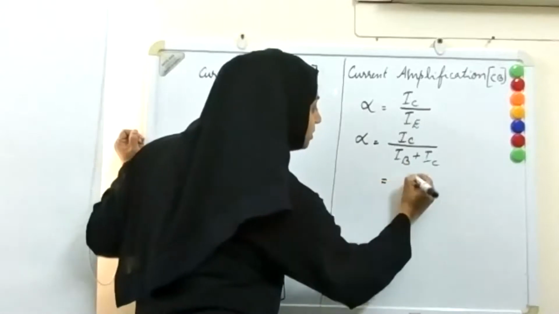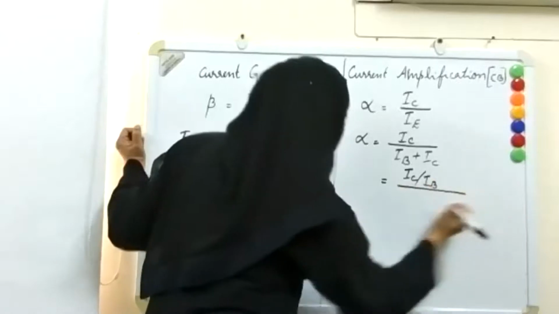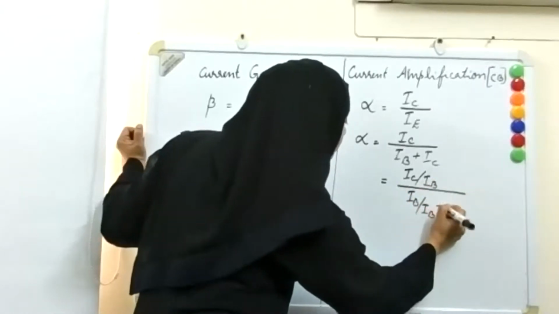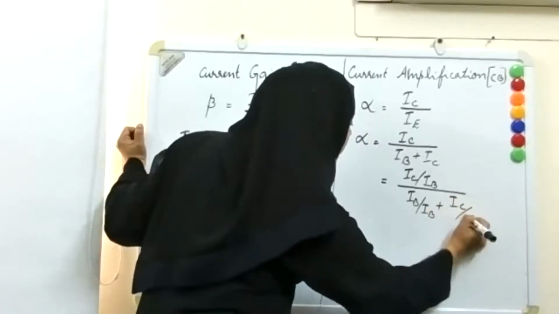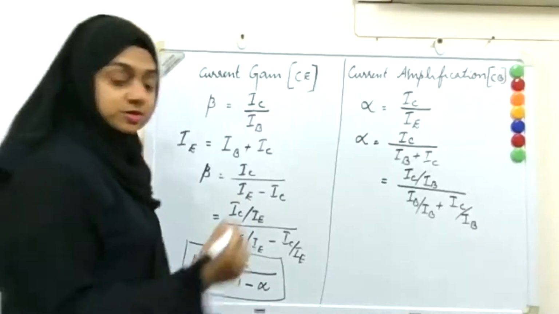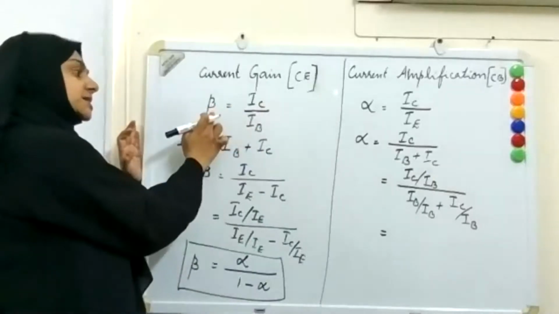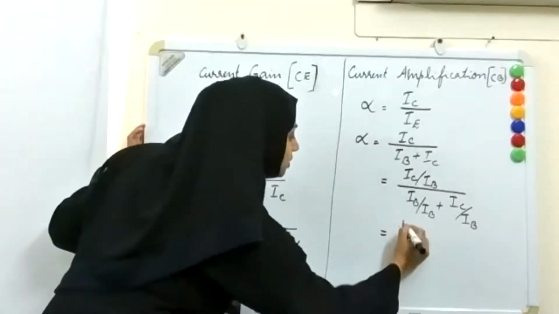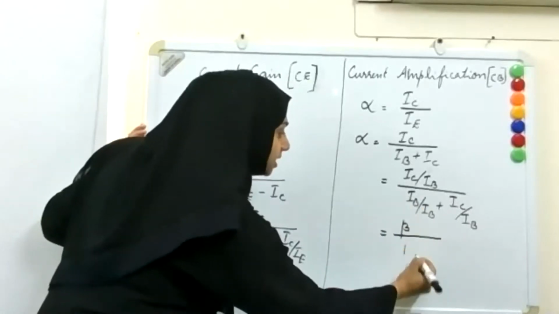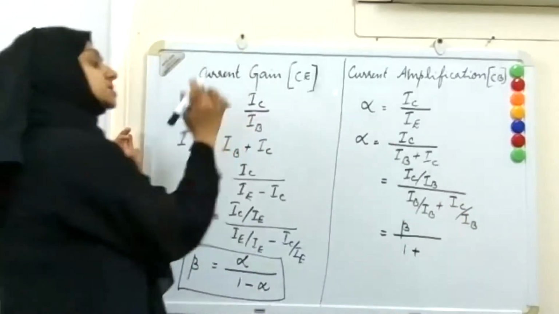So this is equal to IC by IB divided by IB by IB plus IC by IB. Is this clear? So IC by IB is beta, right? So this is equal to beta divided by 1 plus beta, since IB by IB is 1 and IC by IB is again beta.